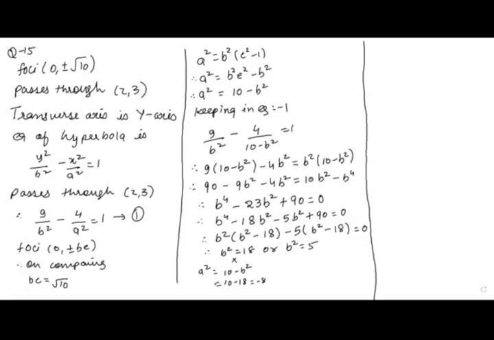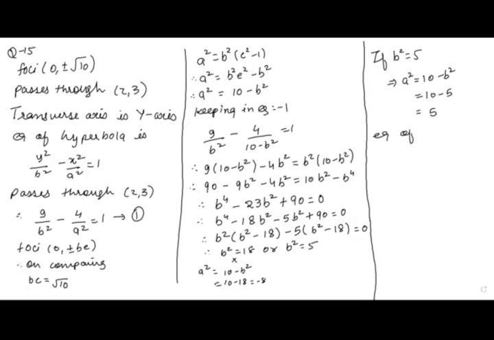A square is never negative, right? So if b square is 5, implies a square is 10 minus b square. So 10 minus 5, I will get the value of a square as also 5.